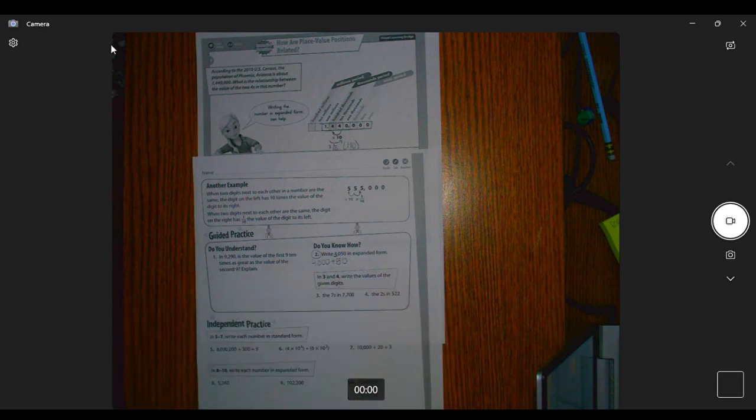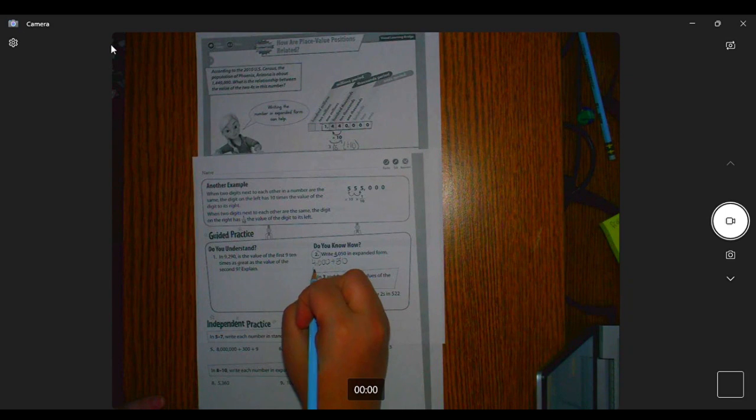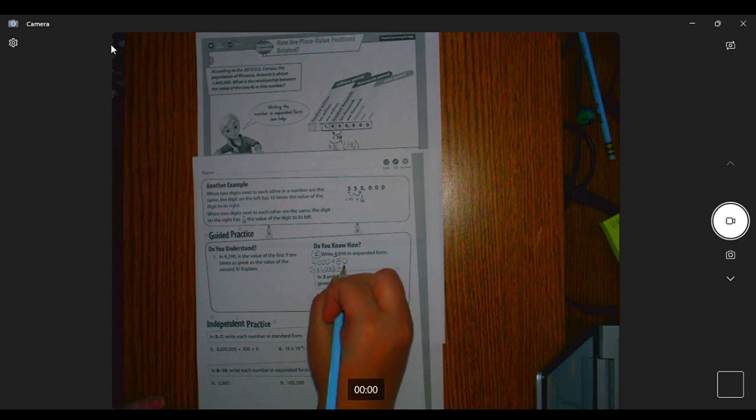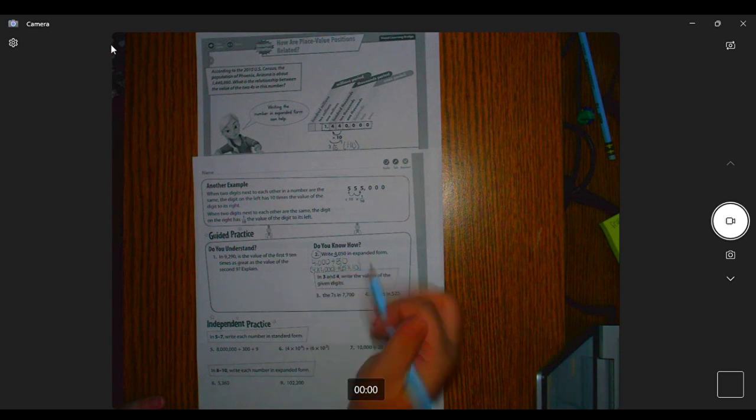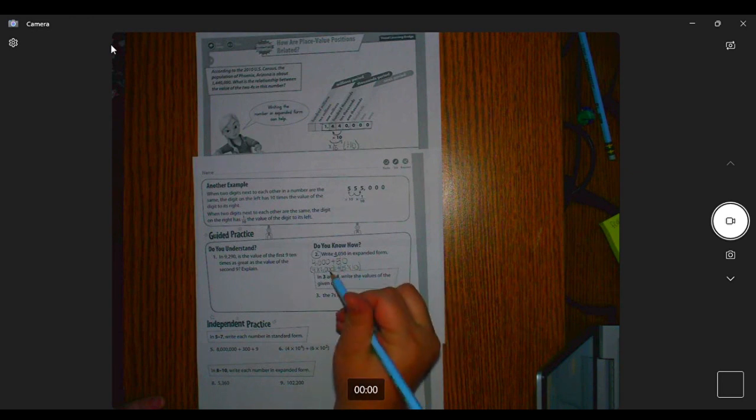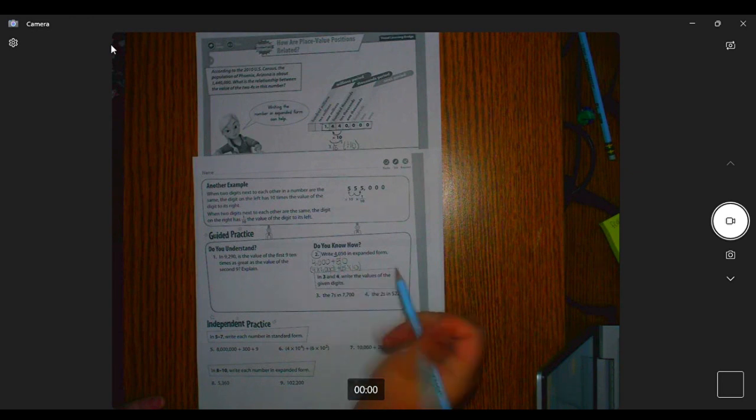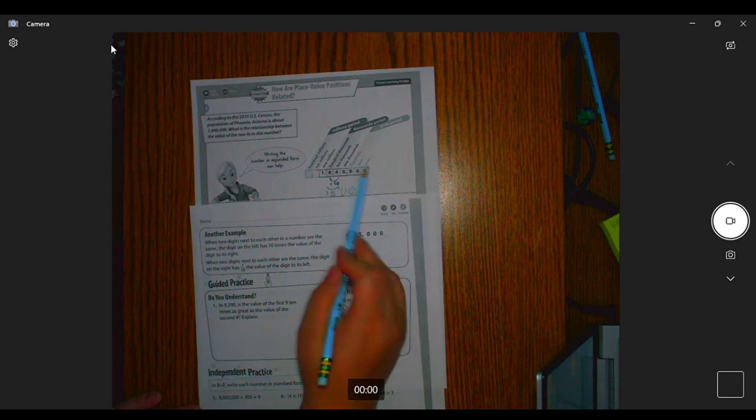If I wanted to expand it out a different way, I could say 4 times 1,000 plus 5 times 10, because that is the place value of each of these. That is the place where they will fall on a place value chart.